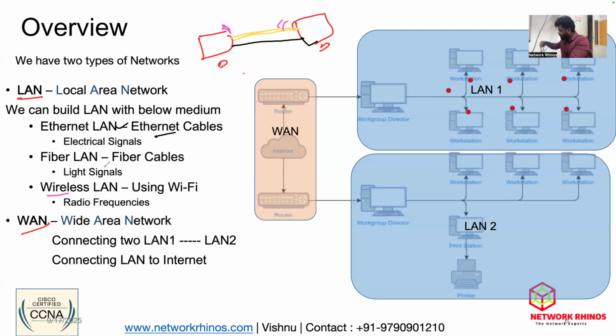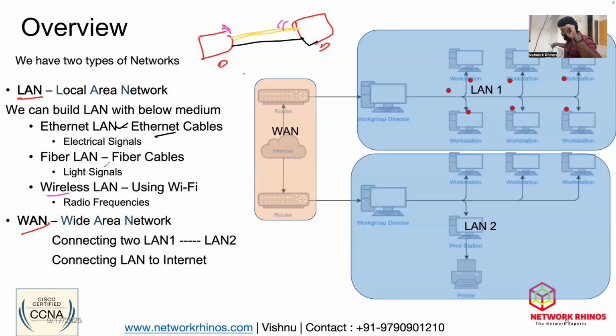The long cable. So the Ethernet cable looks like this. If you remove this entire thing, it's basically a copper cable. Inside you have copper wires or copper strands.